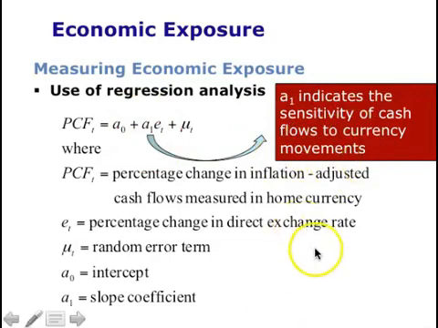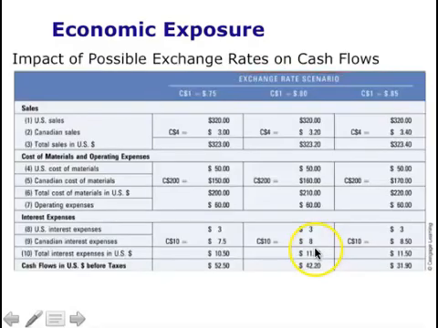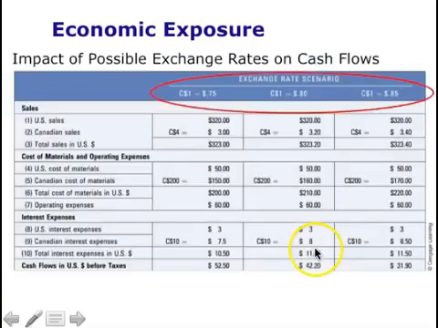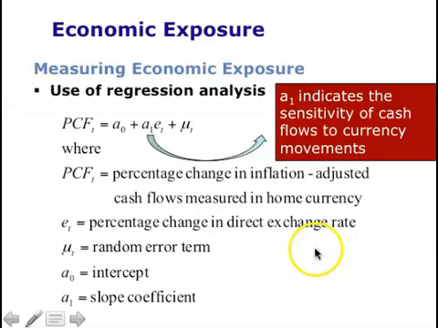So these are the possible ways that we can measure economic exposure. Here I showed you the sensitivity analysis, and I also showed you another method, which is using regression analysis. In the next video I will show you how to manage the risk.